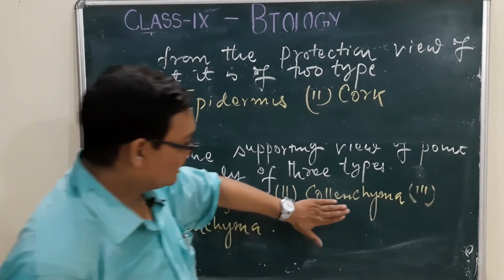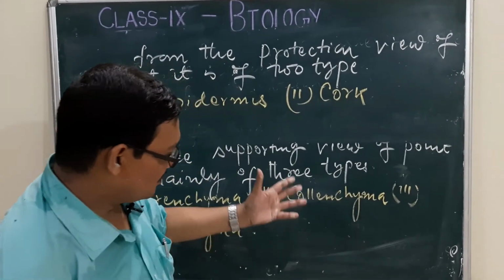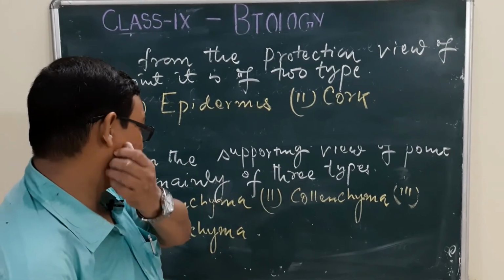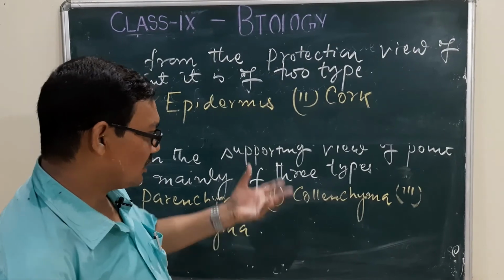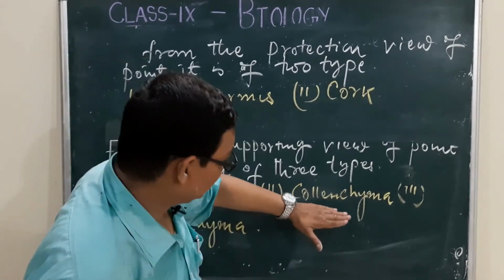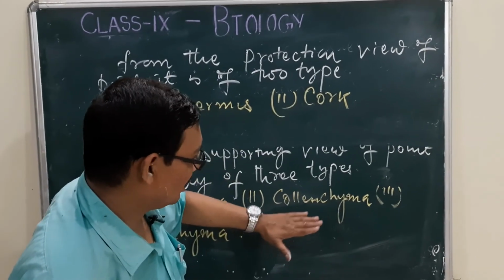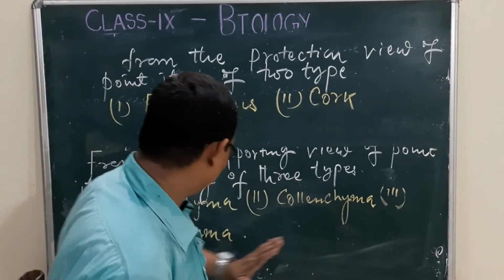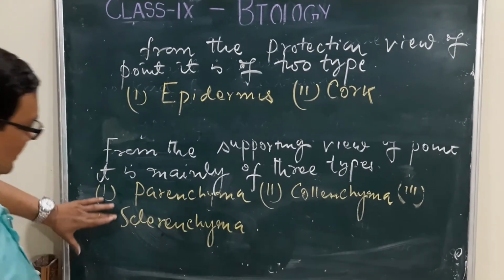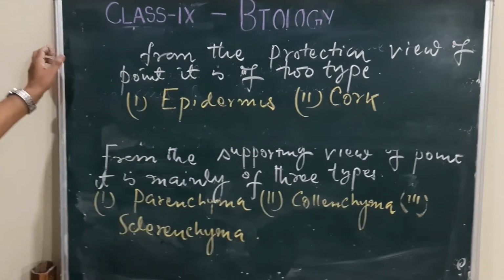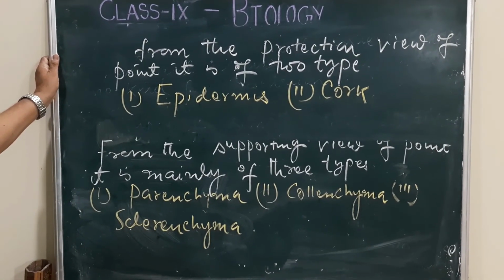It is mainly present in those bending parts, like the twig or the branches which always bend, and it provides strength to those bending parts of the plant. This is mainly composed of the dead cells, and it also provides the mechanical strength or the support.